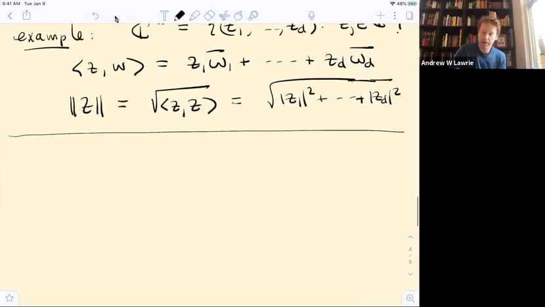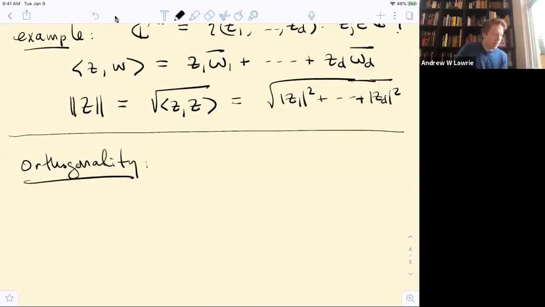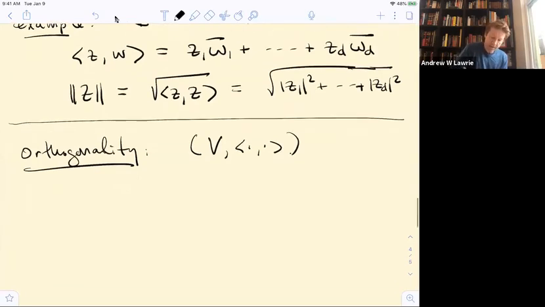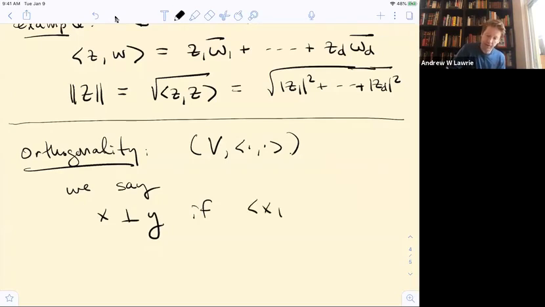A couple more, some more structure. So the notion of orthogonality. Say we have an inner product space V. We say x is perpendicular to y, or x is orthogonal to y, if their inner product is 0.